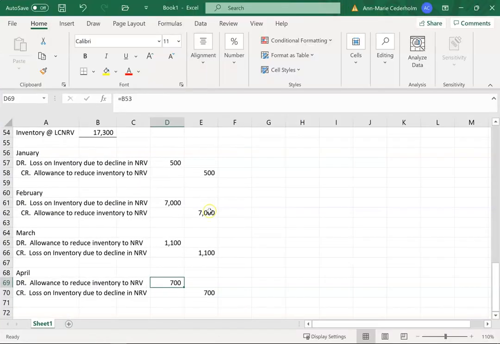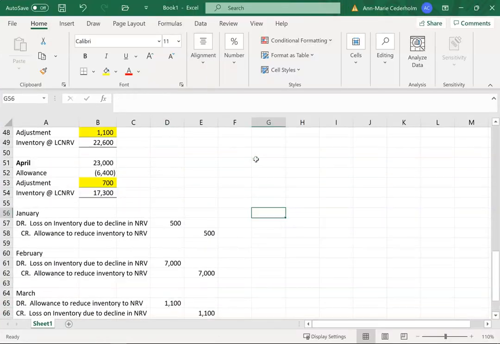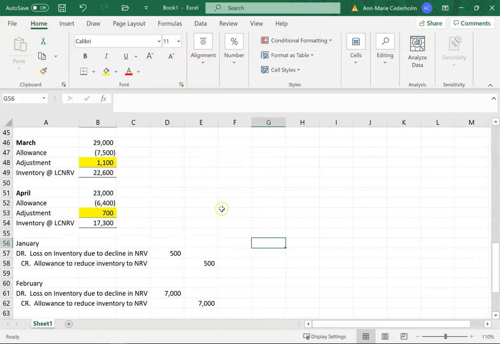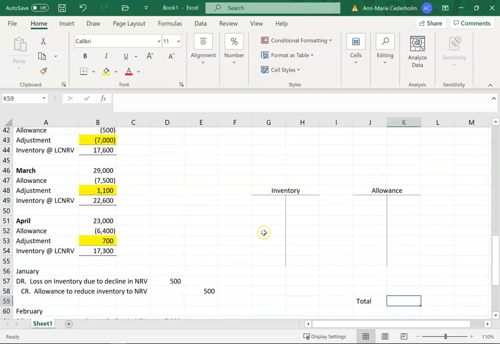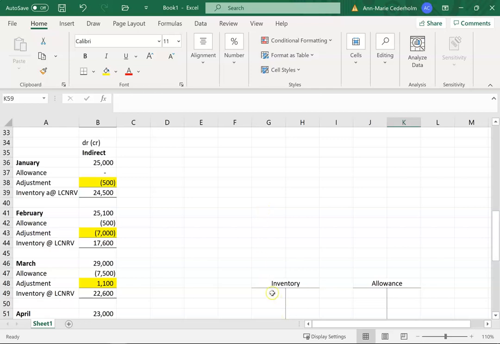Okay, so I'm actually going to show you all of this information again, but in T accounts, just in case you look at T accounts a little bit easier. Okay, so I created a T account for inventory, a T account for the allowance, and then when I add them both together, I'll get my total. So let's start from the beginning again.